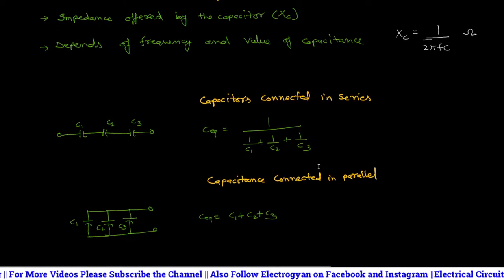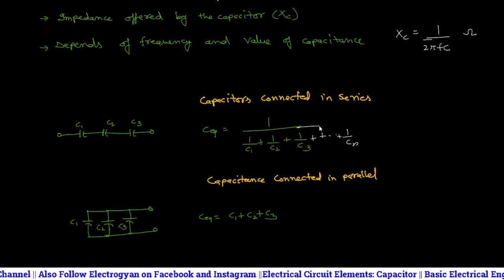Then if capacitors are connected in series, it is opposite to resistance and inductance. If C1, C2, C3 are connected in series, then the equivalent capacitance will be 1 upon C1 plus 1 upon C2 plus 1 upon C3, or if n capacitors are connected in series, then similarly 1 upon C1 plus 1 upon C2 plus dot dot dot plus 1 upon Cn.